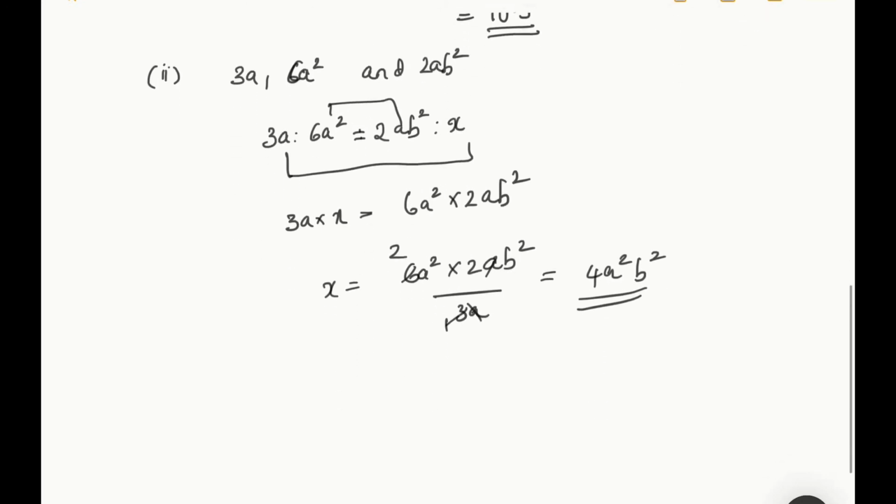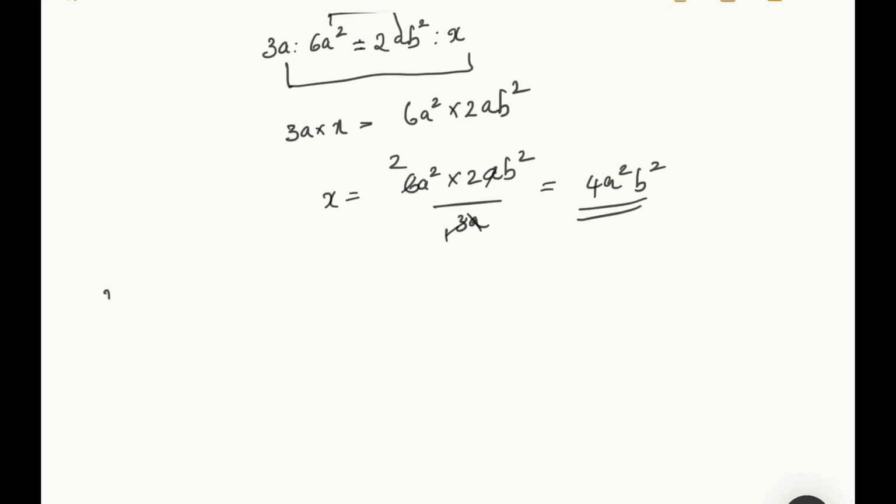Now coming to the second main question. What is given in the second main? Find the third proportional to, first sub question: 2, 2 by 3 and 4. How can I write this? This is A and B if I consider.